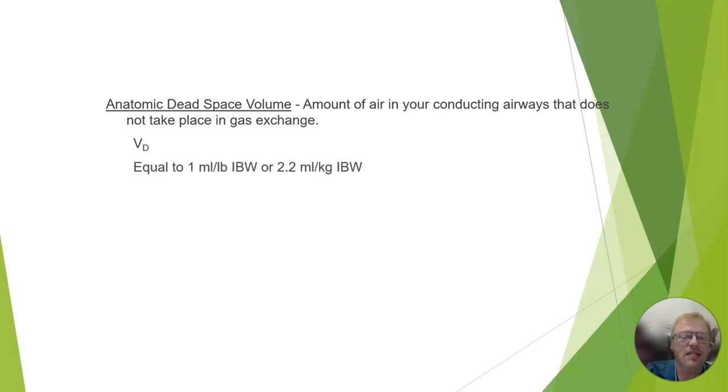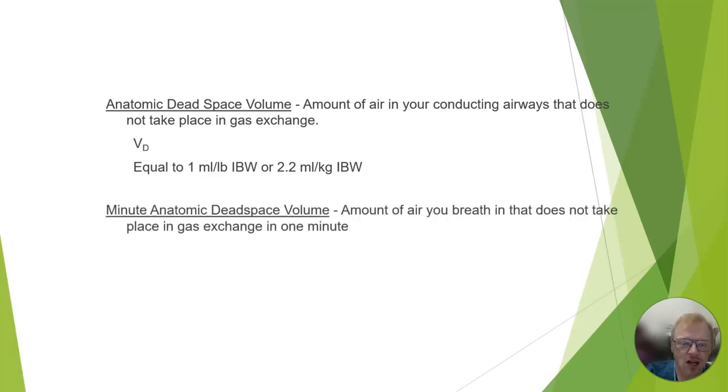Anatomic dead space is equal to 1 ml per pound of ideal body weight, or 2.2 mLs per kilogram of ideal body weight. So in this class, you would be given the patient's weight, and you would then be able to calculate the dead space, anatomic dead space, based upon that weight.